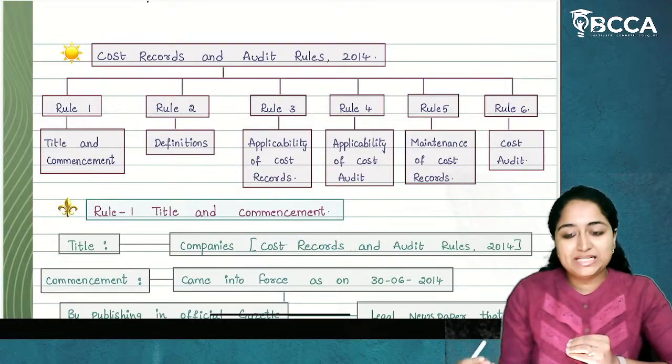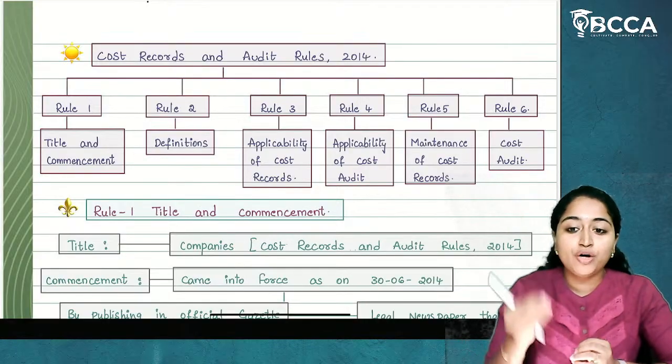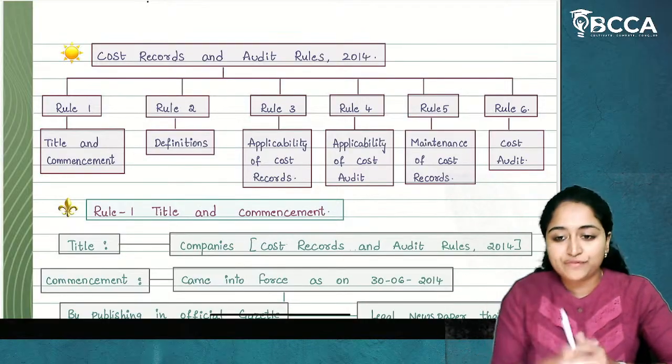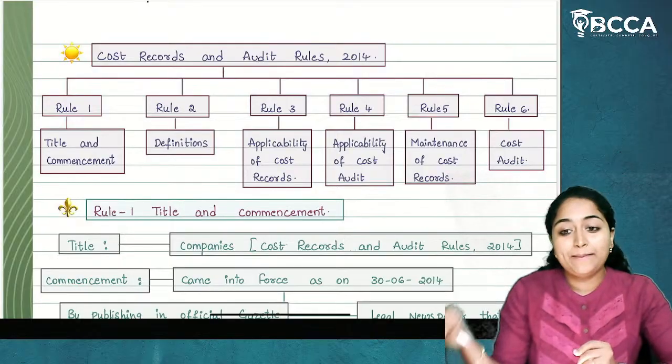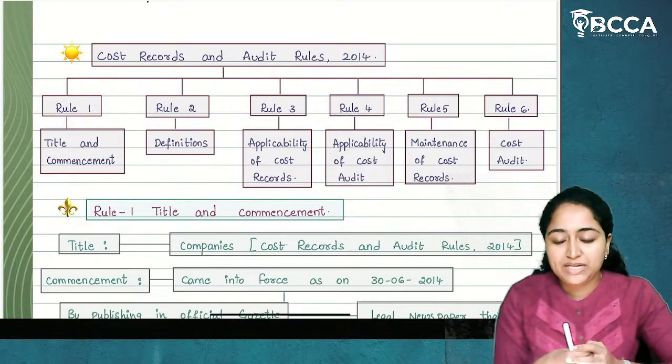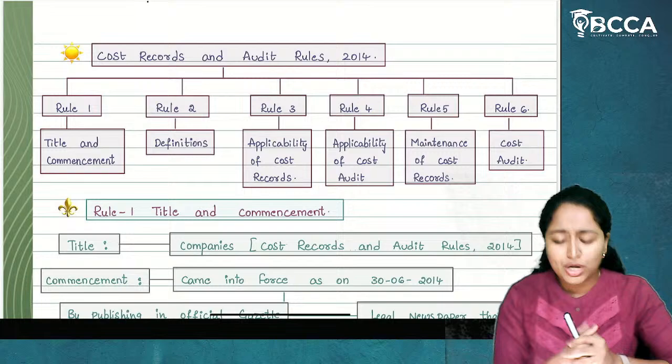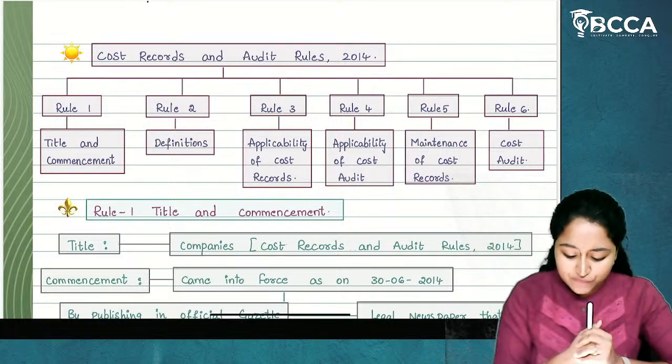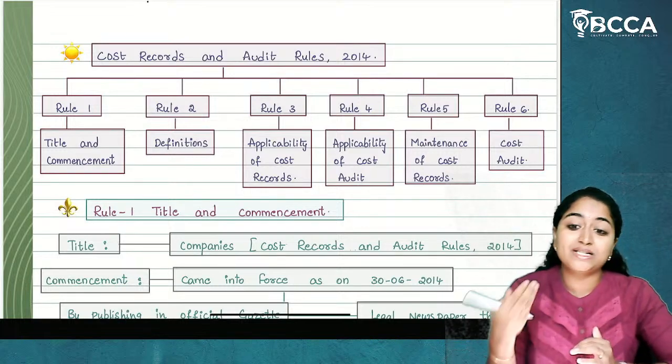We have 2 exemptions: a foreign company having only a liaison office in India, or an MSME under the MSMED Act, a micro or small enterprise. Those are the exemptions for rule 3, applicability of cost records.